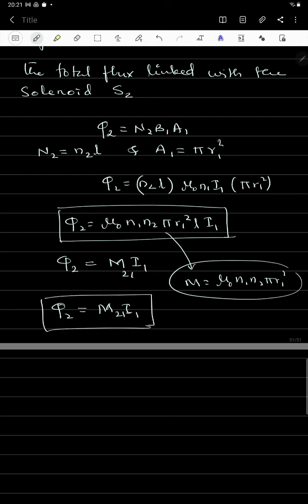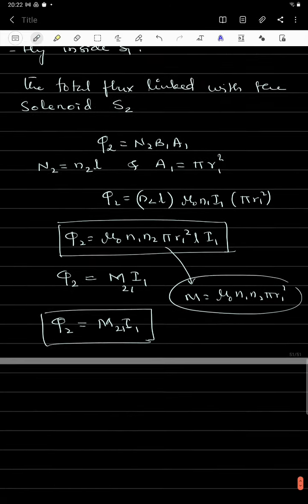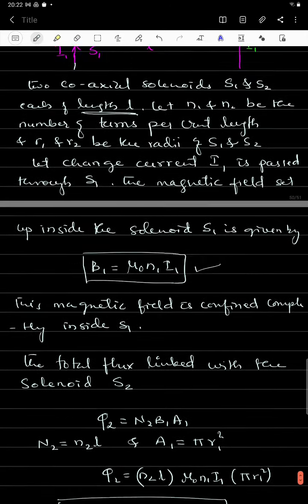When you are passing the electrical current from coil 1, S1, in that time you will get the magnetic flux equal to M of coil 2 to 1 into I1. And what we'll do now, we'll reverse the procedure.